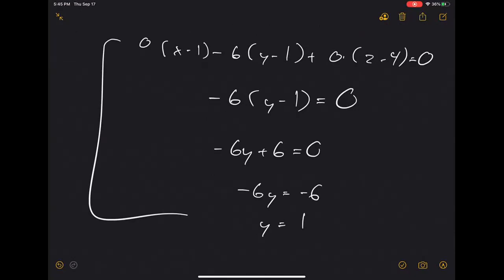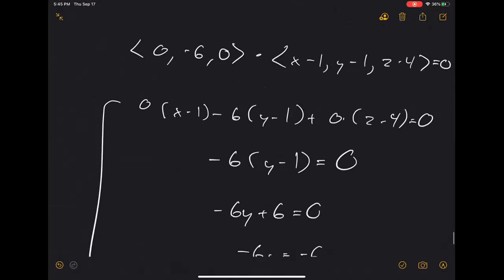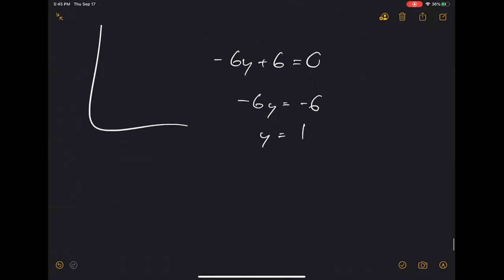Why can't you use PR, P0, PQ, or PR? We want variables. We want variables X, Y, and Z in our equation for the plane. So we found our normal vector.